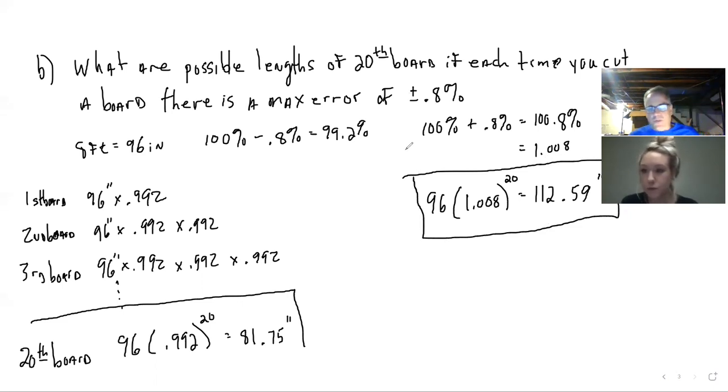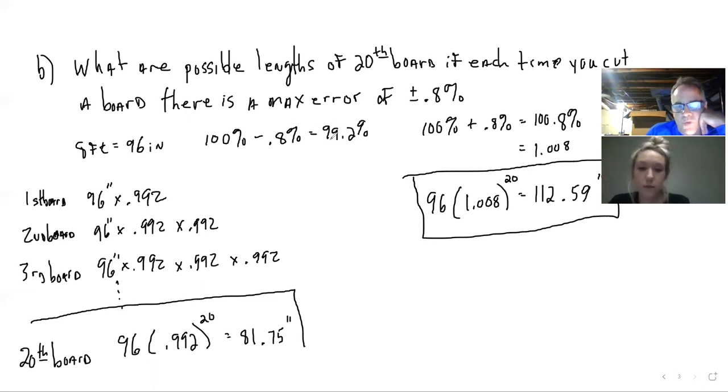So what you're going to do when you rework the problem, you'll be given a different number of boards that you want to cut, and the max error will be different. So what you're going to do to start is find the shortest and then find the longest. For the shortest, take away this and leave it as a percentage. So you're going 100% minus this.